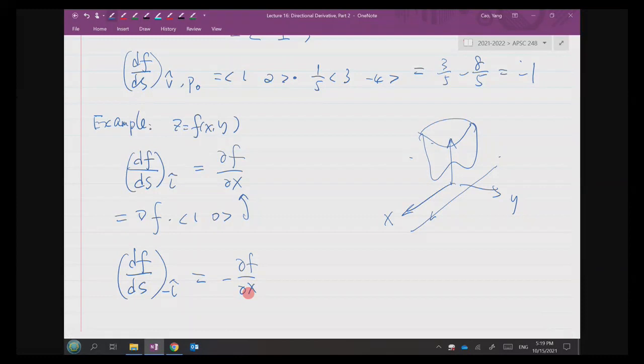So that's a connection between the directional derivative and the partial derivative. Right? Partial derivative is basically just a special case of directional derivative. Okay, good.